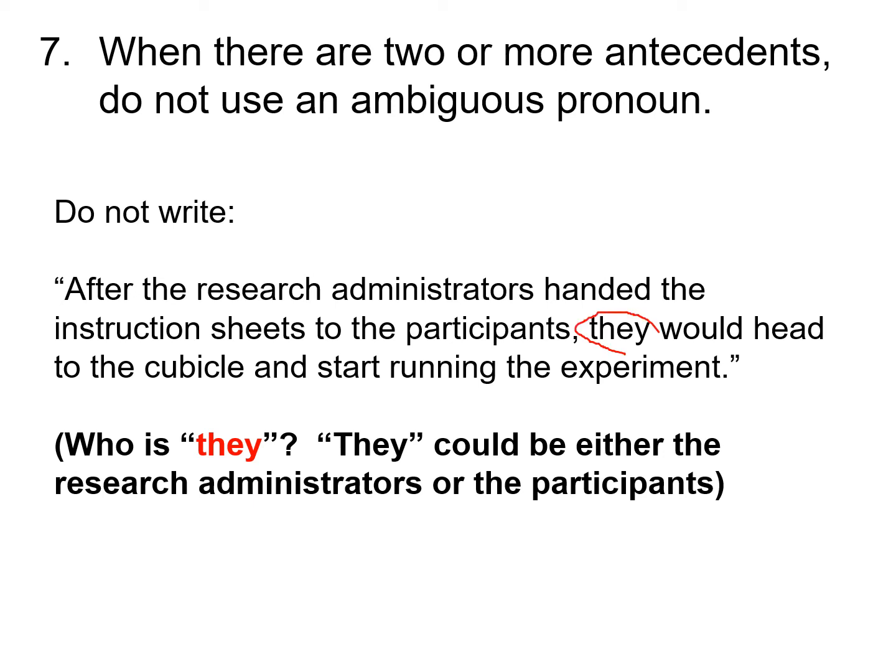Because you've got the participants and you've got the research administrators, and they can be referring to the participants, and they can be referring to the research administrators. That is very ambiguous, so don't do this. In this case, you want to say something like, the participants would head to the cubicle and start running the experiment. Okay.